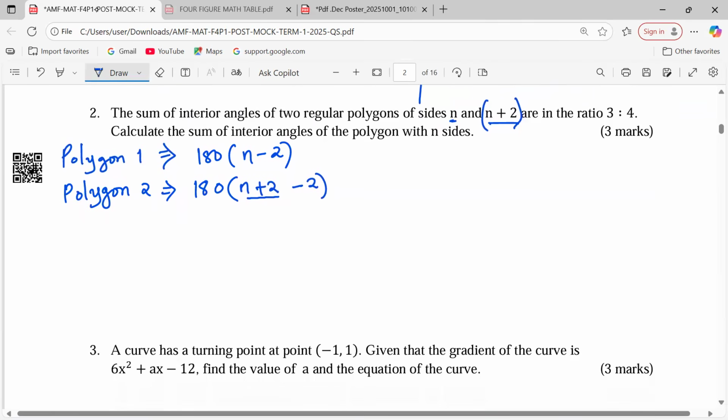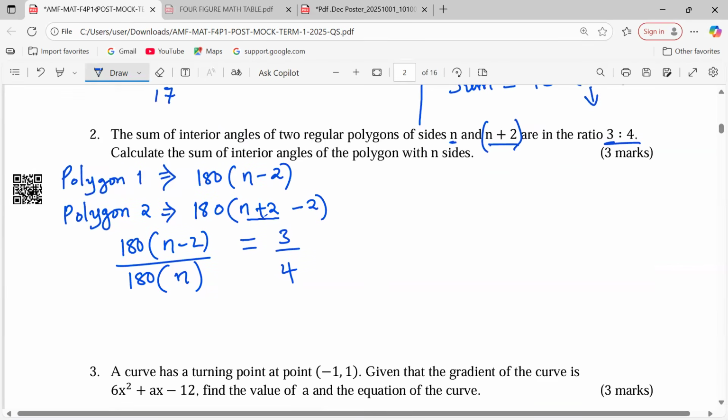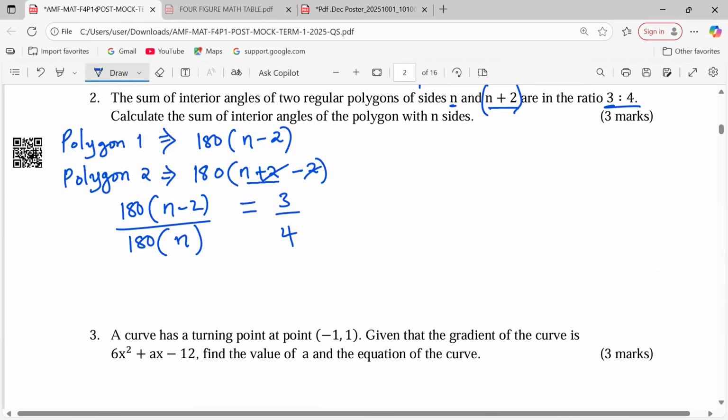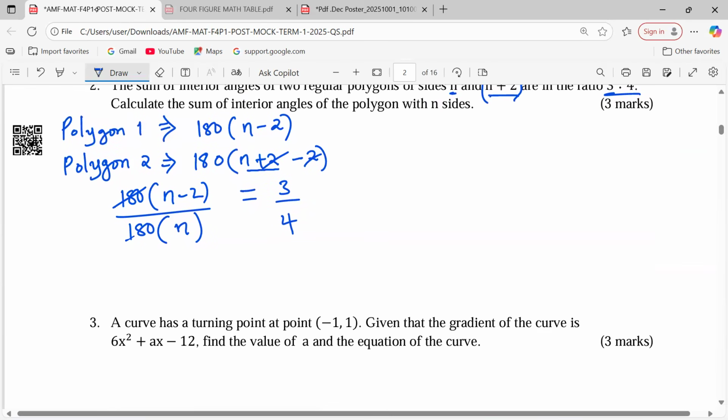So now we are told these two sums are in the ratio 3:4. So 180 into n minus 2, when we divide by 180 into n, we should get the ratio 3:4. The reason why I'm writing n is because now the +2 and the -2 shall cancel one another. Then now 180 cancels because it's appearing both in the numerator and also in the denominator.